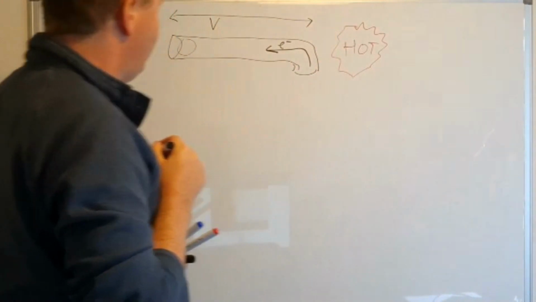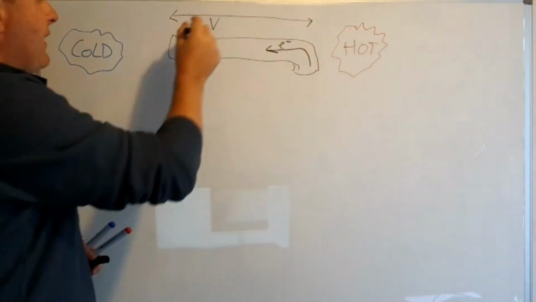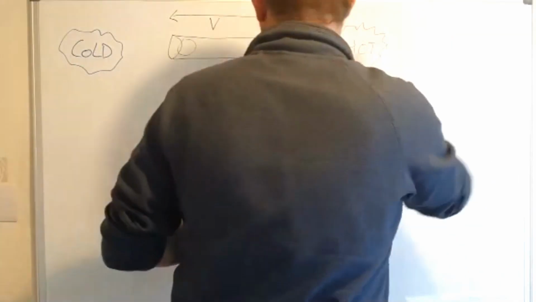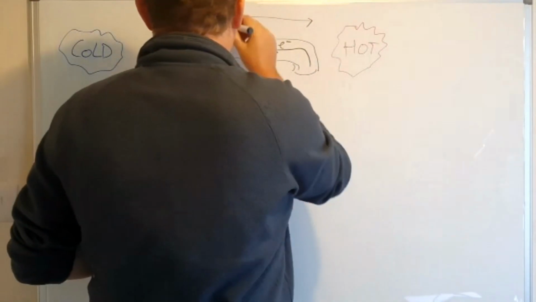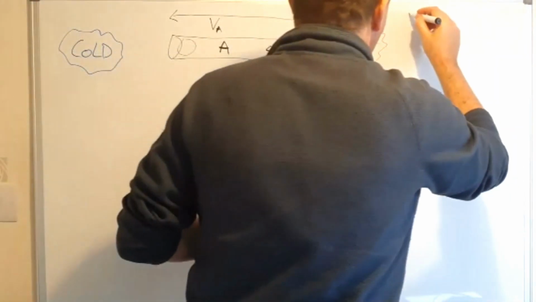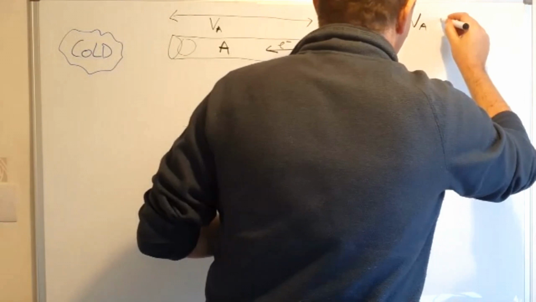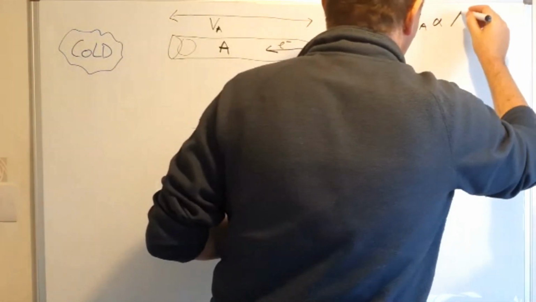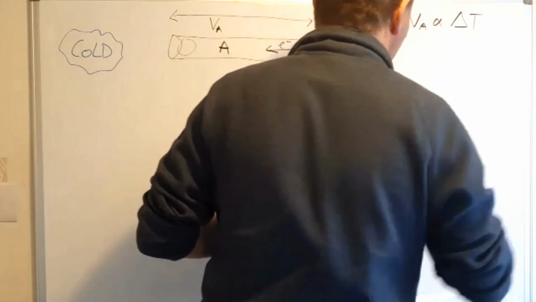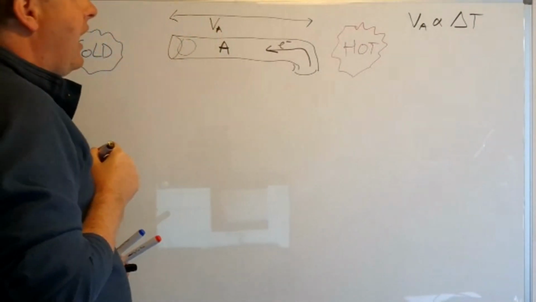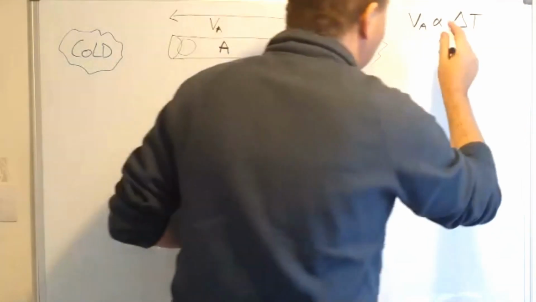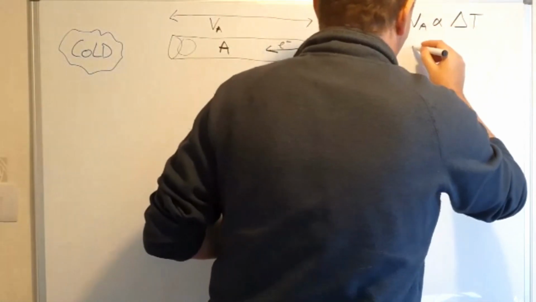along here. And the size of this voltage, let's call this material A, so VA, is going to be proportional to the change in temperature. And that constant of proportionality is going to be the Seebeck coefficient.